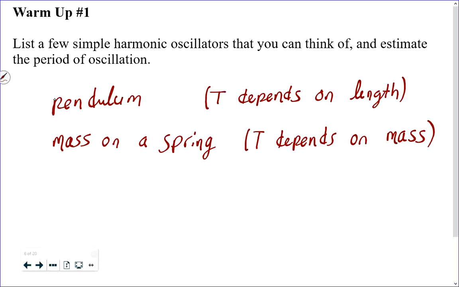And this is a difficult question to answer, because you're probably not going to think of it. Let's walk away from that for a second. What else do you think the period of a mass oscillating on a spring depends on?